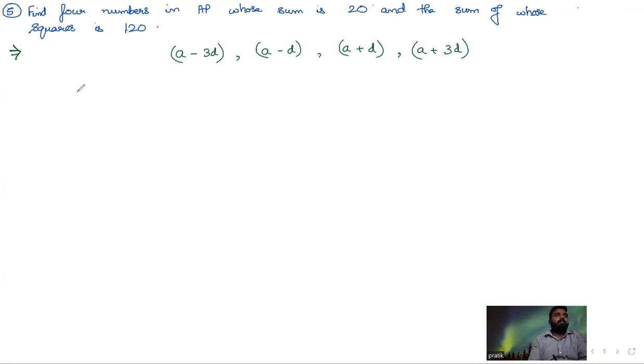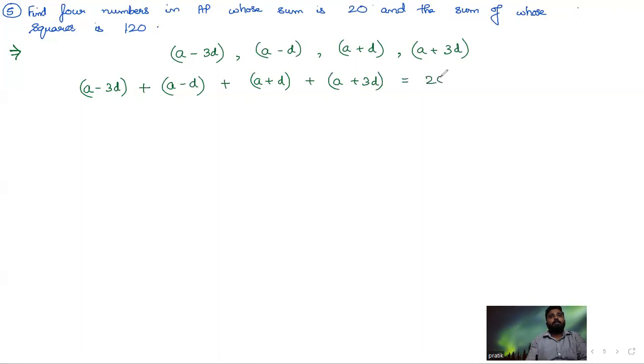So as per the given condition, find the 4 members in the AP whose sum is 20. So the summation of all these 4 terms is equal to 20. So A minus 3D plus A minus D plus A plus D plus A plus 3D, which is equal to 20, right?